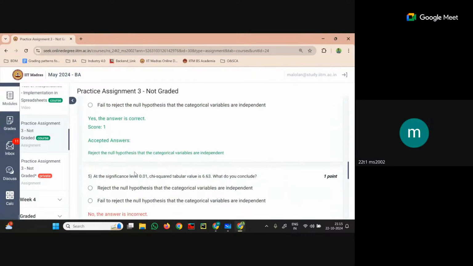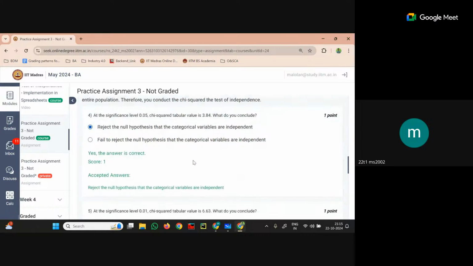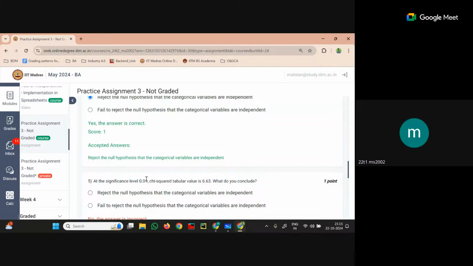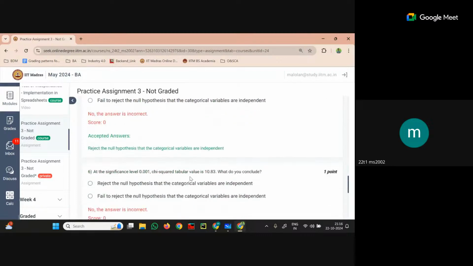And the same thing happens for this one also. As the alpha value reduces from 0.05 to 0.01, the chi-squared tabulated value will increase. Here you are still rejecting.